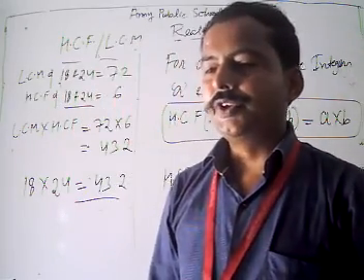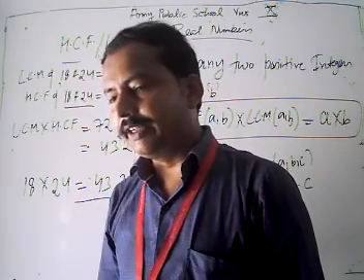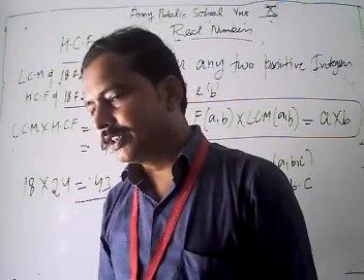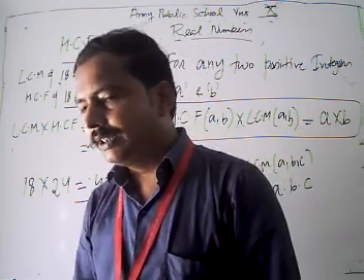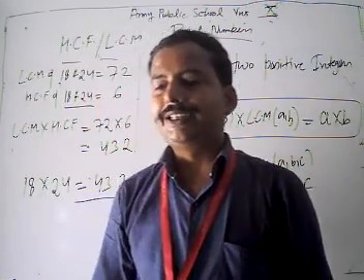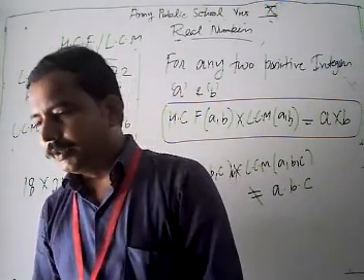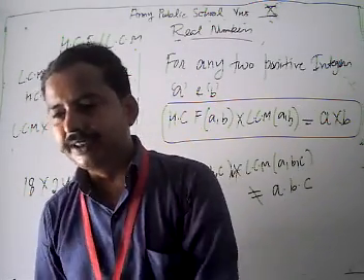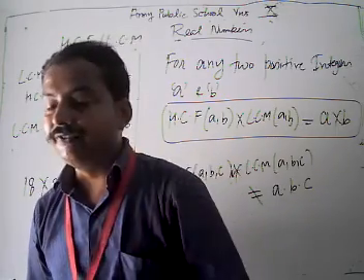Our fundamental theorem of arithmetic guarantees that each and every composite number can be expressed as a product of its primes, and this factorization is unique apart from order. Then we discussed the basic concept of finding HCF and LCM by using prime factorization.